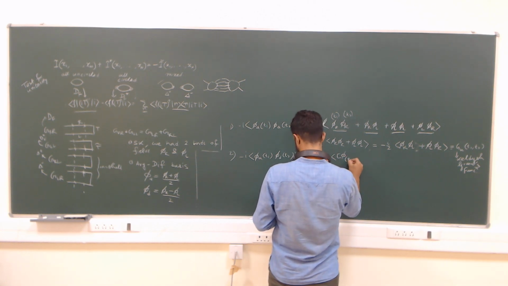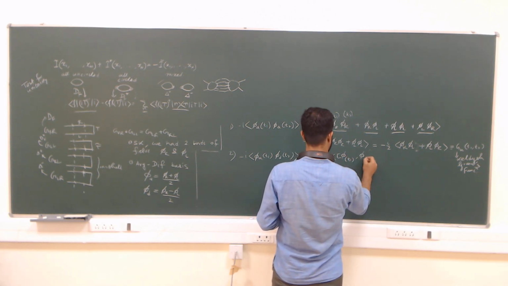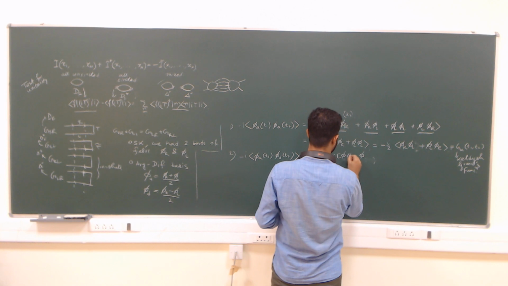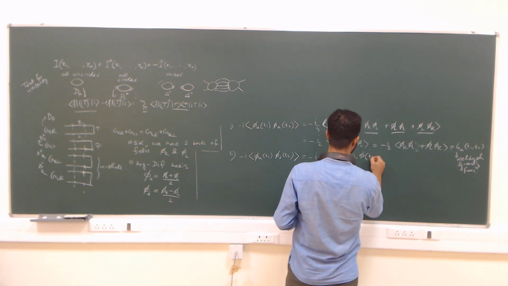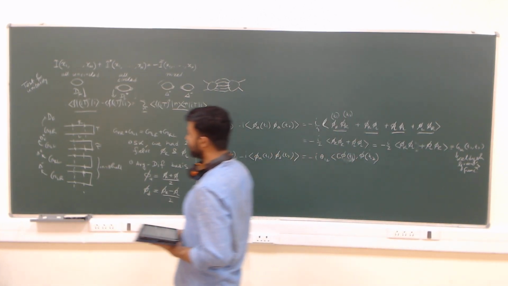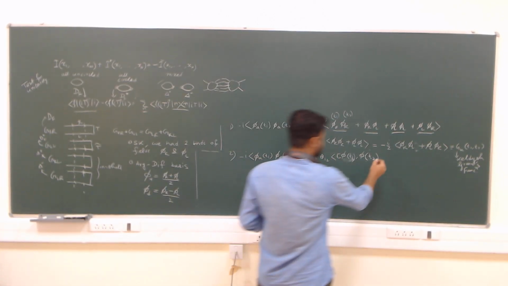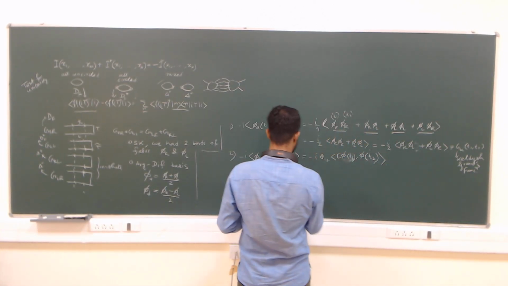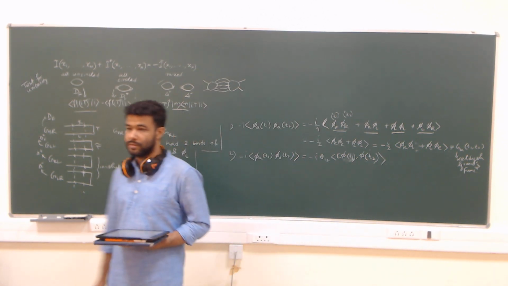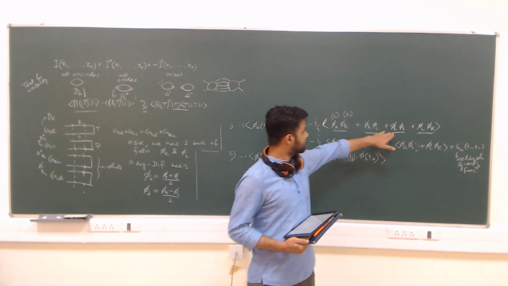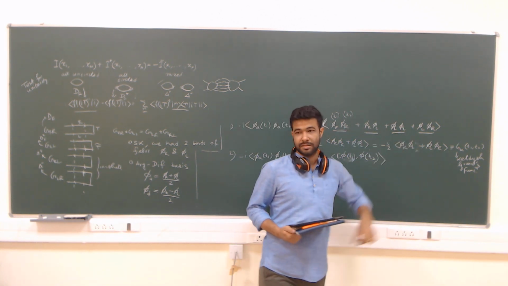This one can directly be written in terms of the original fields, where we still have phi_R, phi_L, because this and this equals this plus this.